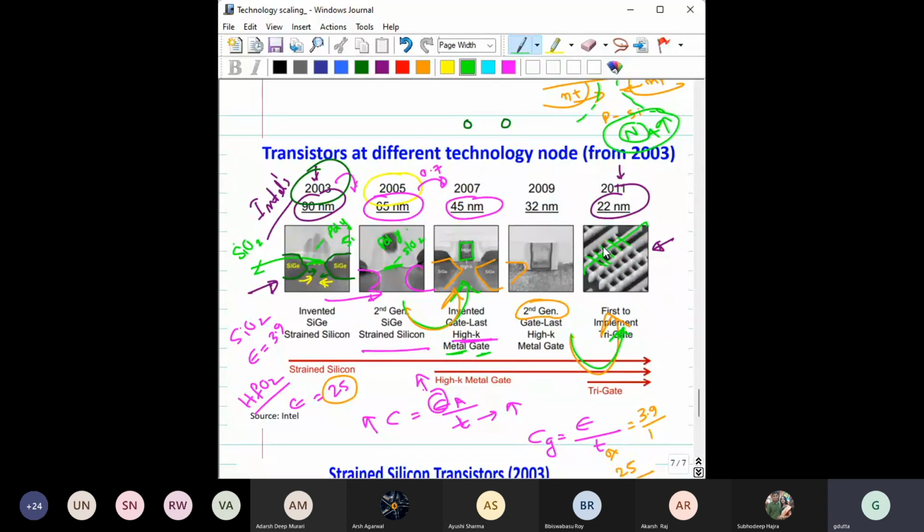Earlier the gate used to be like this. Suppose this is my hand. Gate used to be like this on silicon. This is a silicon fin, but now that has become like this. This is the gate all around. Gate all around. Okay, so that's how the technology has evolved from time to time.